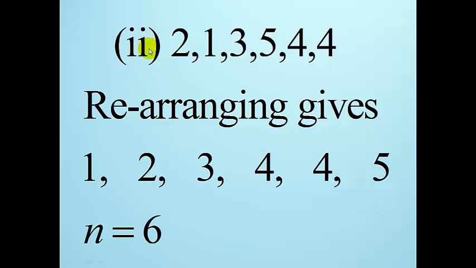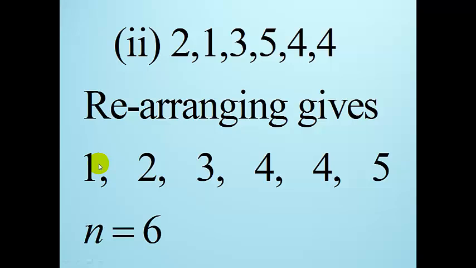Now we were given 2, 1, 3, 5, 4, 4. So the first thing we have to do is to rearrange the numbers. Rearranging the numbers gives 1, 2, 3, 4, 4, 5. That is in order of magnitude.